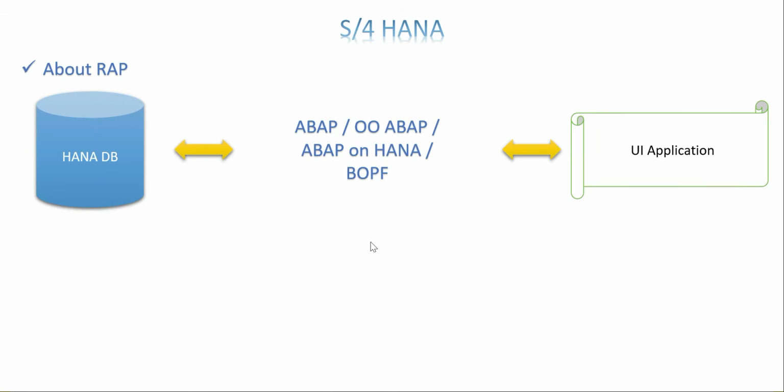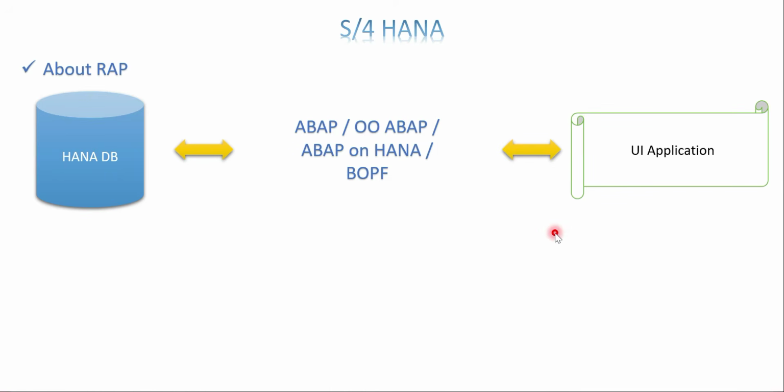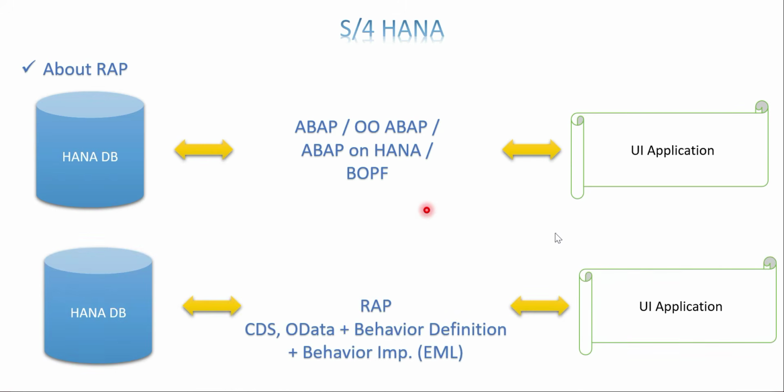This is one of the slides from the last video. I explained the evolution of the middle area, the development part, from ABAP, OO ABAP, ABAP on HANA, and BOPF. BOPF is currently being replaced with RAP or CAP. In RAP, we have CDS and OData. CDS and OData are also available in BOPF, but that is a framework. What replaces BOPF in RAP is the behavior definition and behavior implementation.